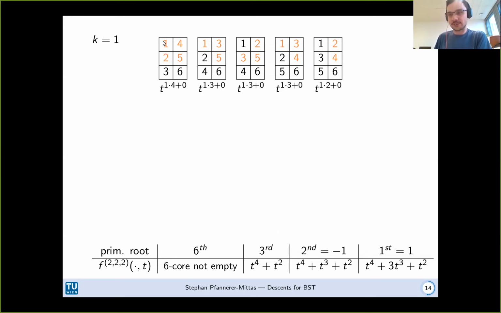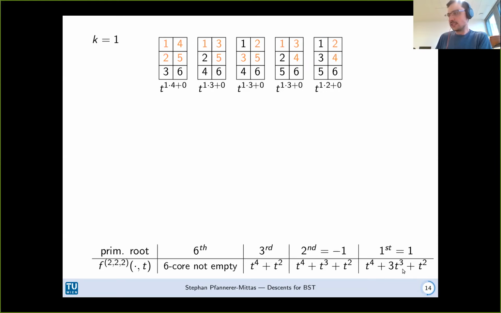So this is something that's good. The statistic here is 1, because that's the strip length, times the number of descents, plus 0, because a single cell always has height 0.